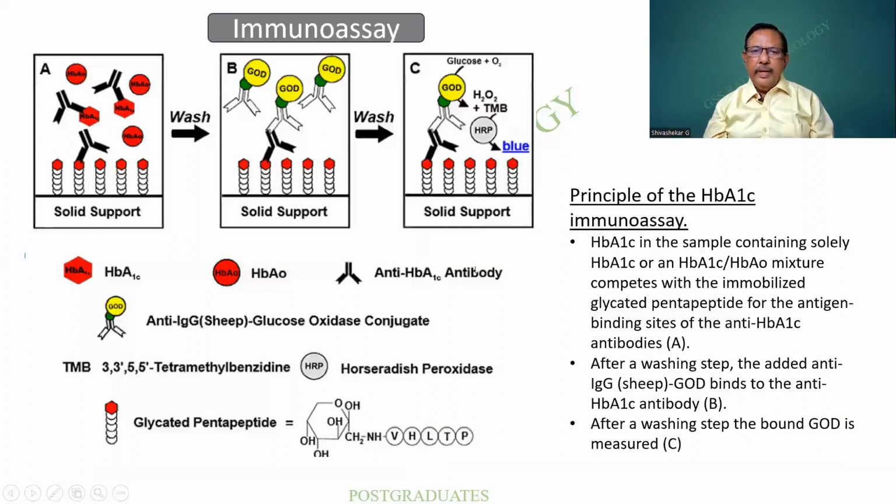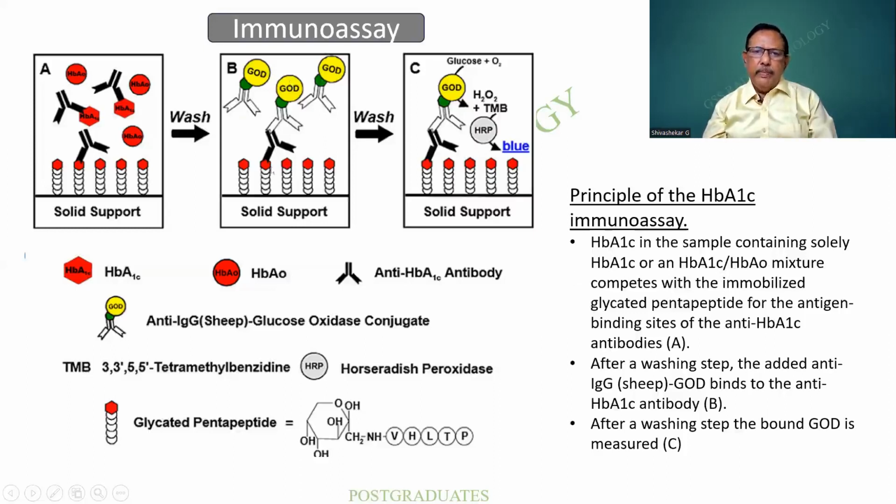This is a very important diagram of an immunoassay. Always you find a solid support here, and this indicates the glycated pentapeptide. It is more of a sandwich technique that is being used. So the HbA1c sample contains only HbA1c, or it can be a mixture of HbA1c and HbA0.